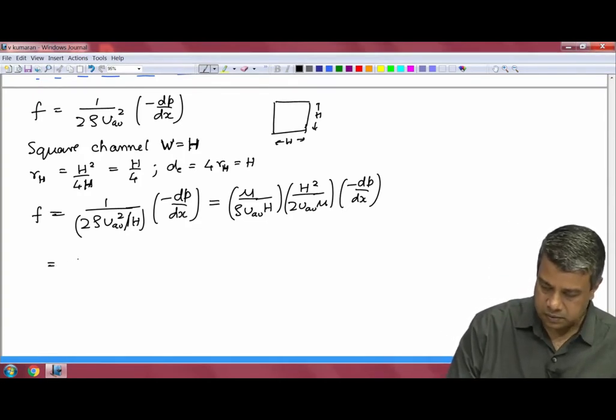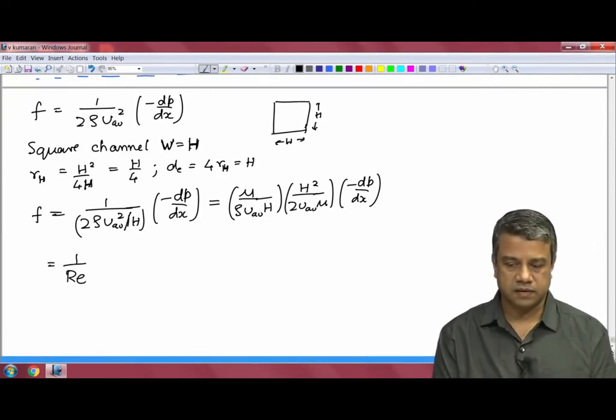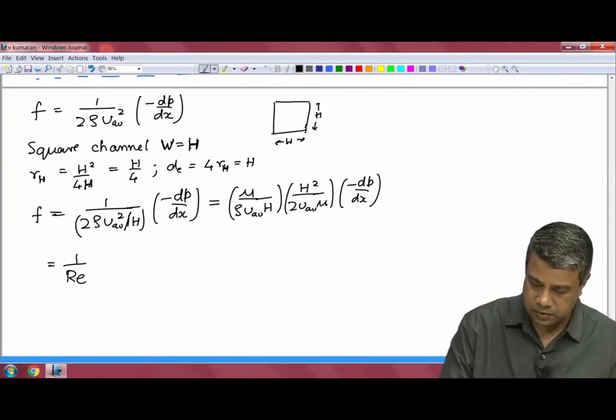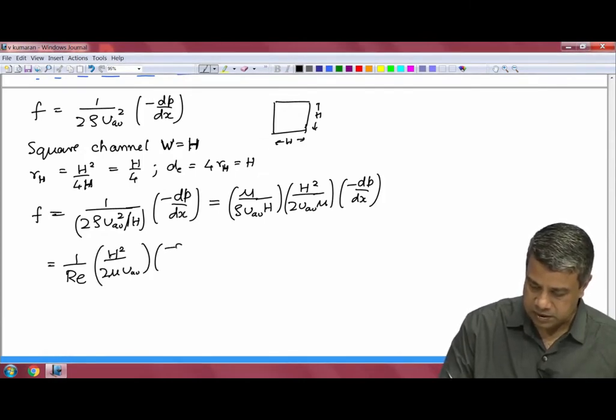So, f is equal to 1 over the Reynolds number based upon the average velocity and the height of the square channel into H square by 2 mu V average into minus dP by dx.